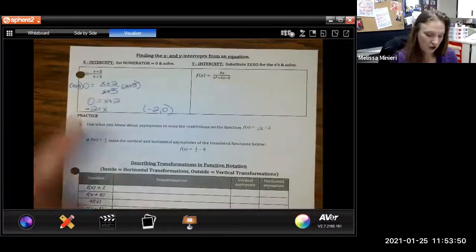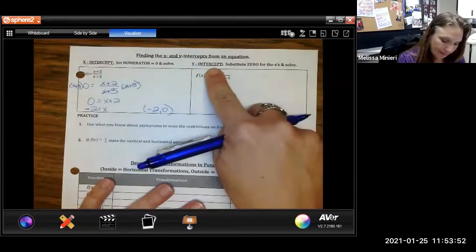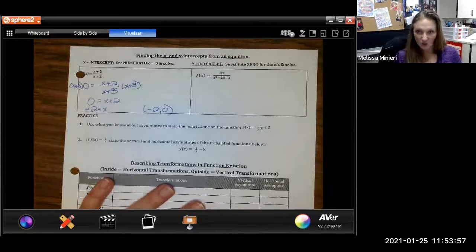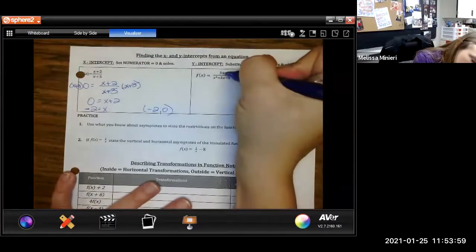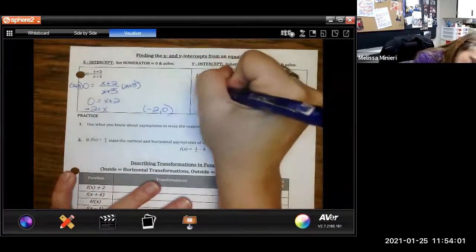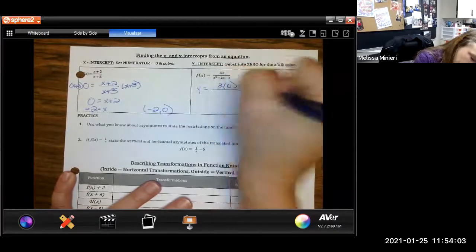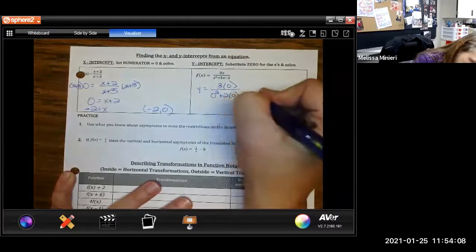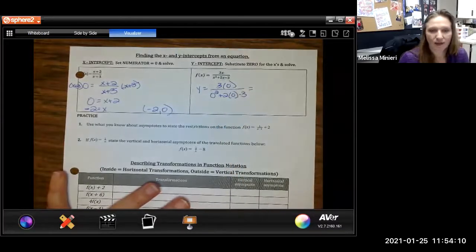All right, now we're going to do the y-intercept. The y-intercept, if it's crossing the y-axis, that means that x is always 0. So I'm going to plug in 0 for all the x's and simplify.